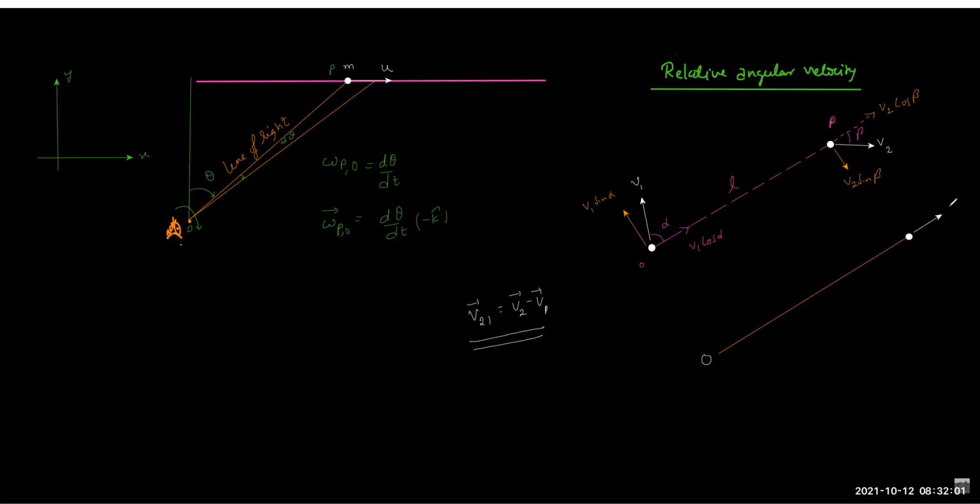So what is the velocity of particle 2 with respect to 1 in the direction of the line joining the particles? V2 cos beta minus V1 cos alpha. Now, one thing is obvious: this component cannot create the rotation of the line of sight. So this is the line of sight, right?